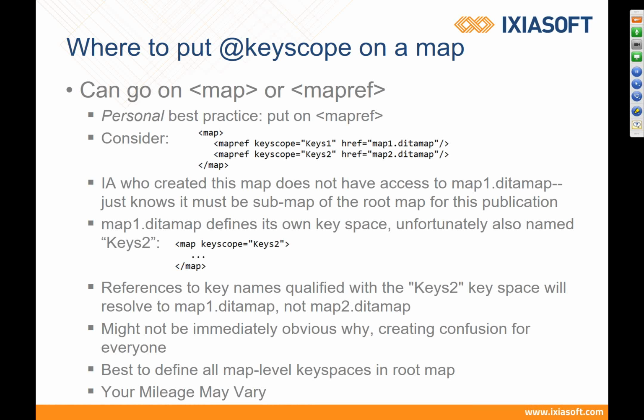And in the context of just your map, those are parallel key spaces and everything is great. But let's say that some other writer uses your map as a submap in their map. And on their map, they have defined another key space, let's say key space 3. So once they reference your map from their map, now they have key space 3, and nested within key space 3, there is now key space 1 and key space 2.